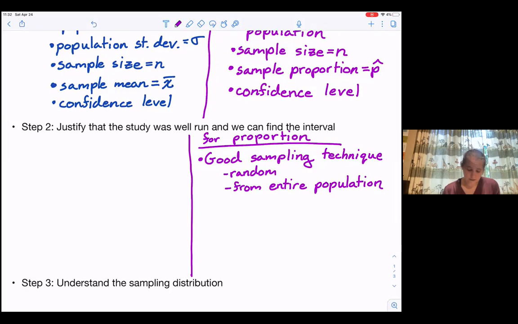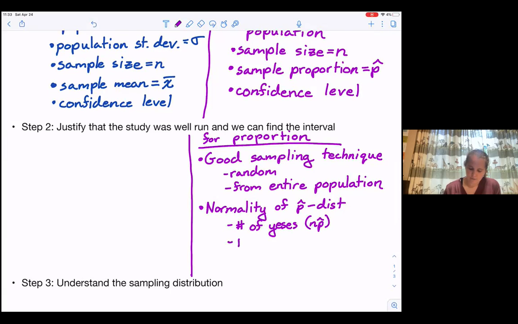And we also needed the normality of the p-hat distribution. For confidence intervals, this is essentially the number of yeses, or n times p-hat, and the number of no's, or n times 1 minus p-hat. We needed both of these to have 10 or more.